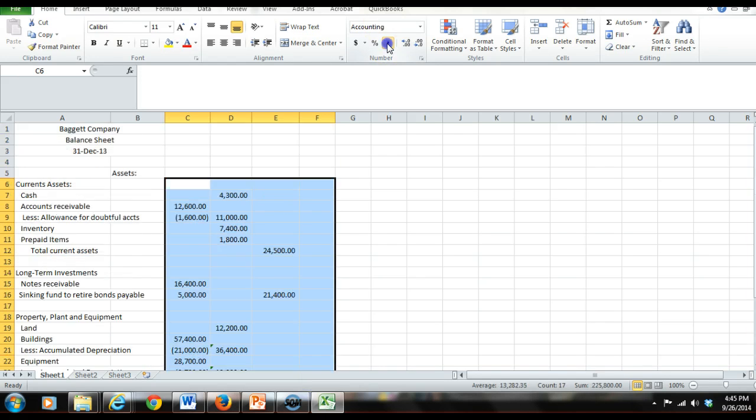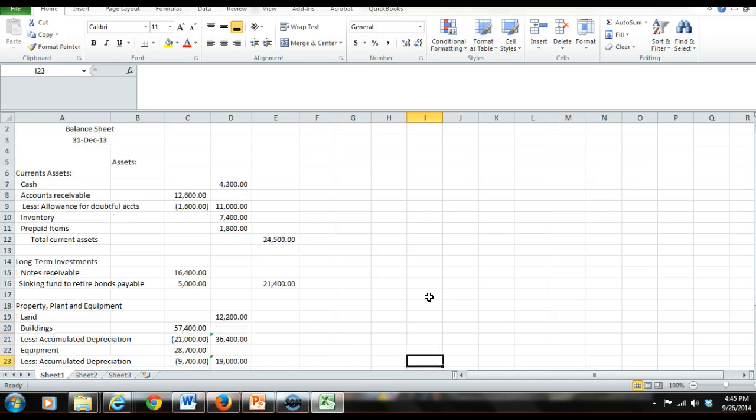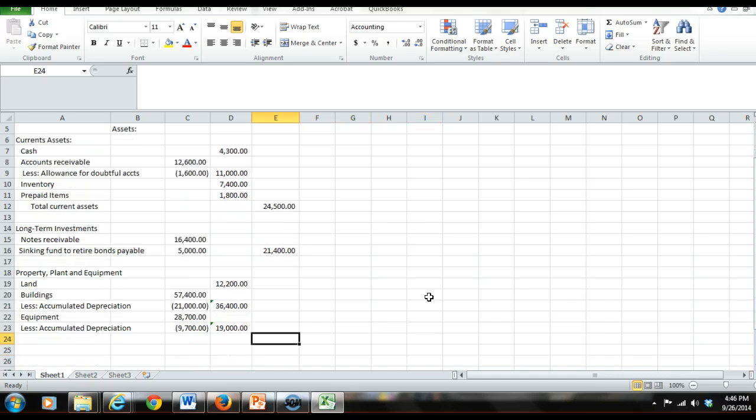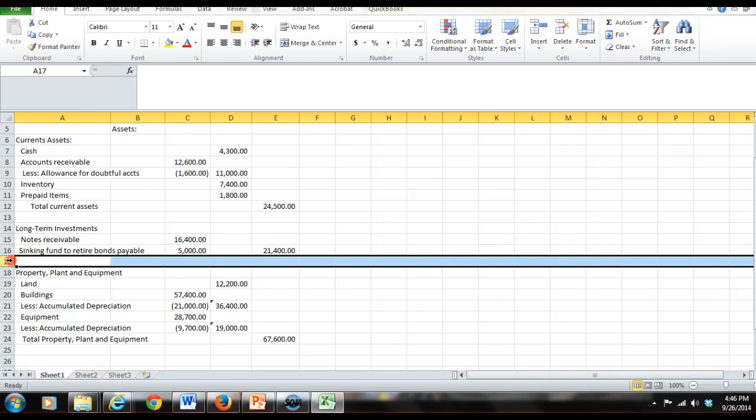Now as we continue on, we will move down to our intangible assets. So I will total the land, the buildings, and the equipment, and this is total property, plant, and equipment, and we've got a total here of $67,600.